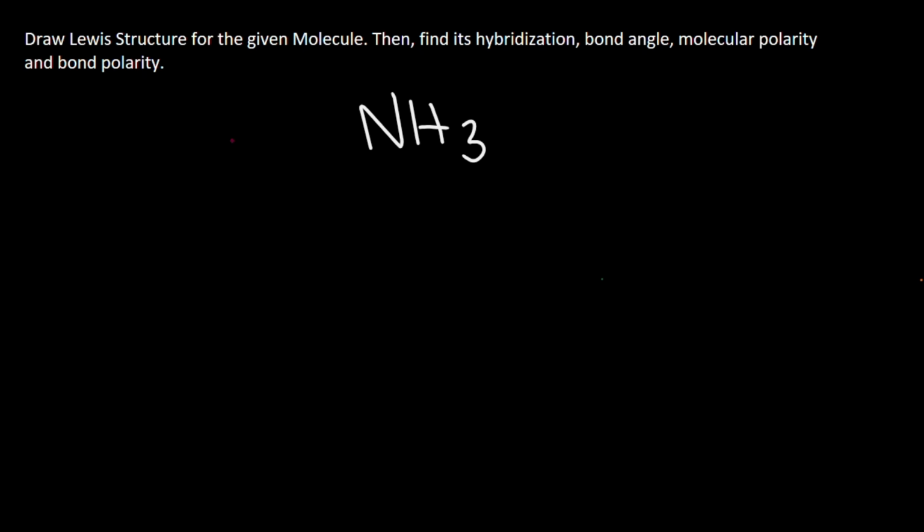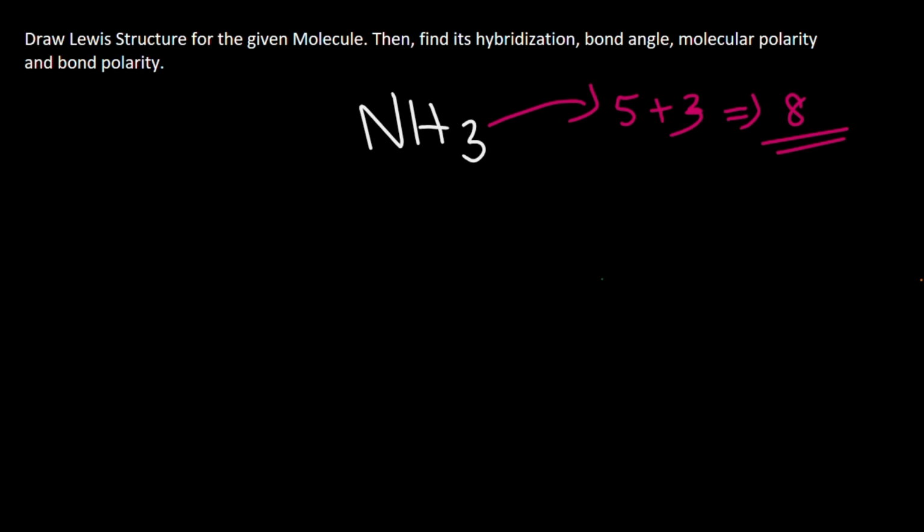So if you want to do that, first you have to know the number of electrons that it has. So here NH3 has 5 for nitrogen plus 3 electrons from hydrogen, and that's going to be 8. So you will have a total of 8 electrons.